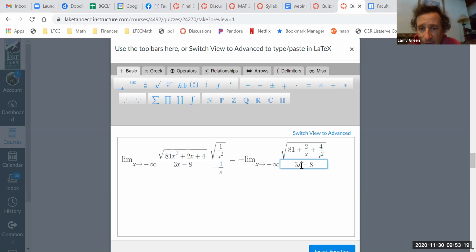And then we have 3 minus 8 over x. Any questions? All right, now we go ahead and do it. Remember that you get 0 if you have an over x if you're going to negative infinity. So we just get root 81 over 3, which is 9/3, which is 3.